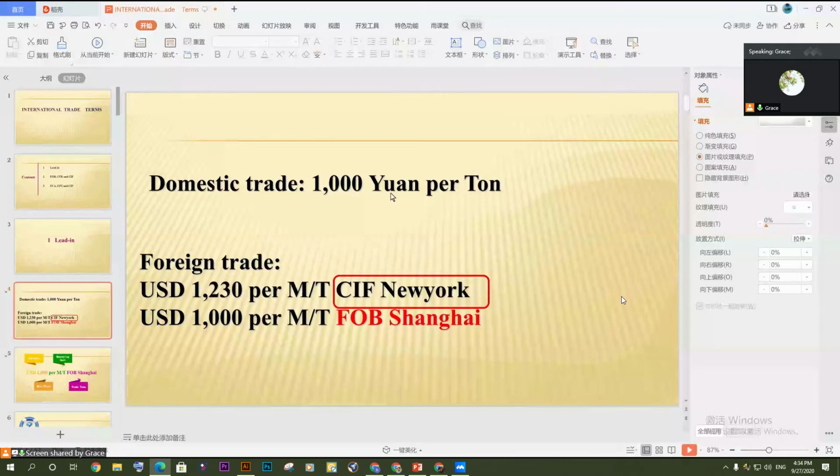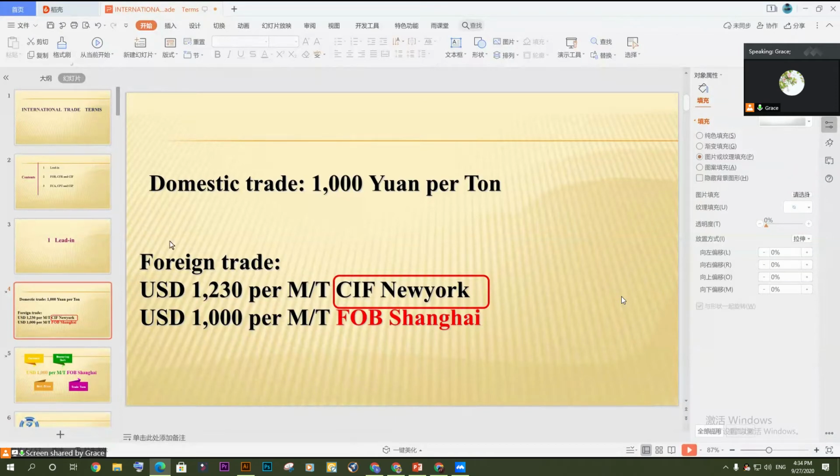There are some quotations for some products. For domestic trade, we can have our quotation like this: 1,000 yuan per ton. Maybe the seller is a Chinese company, so we use the currency unit yuan.